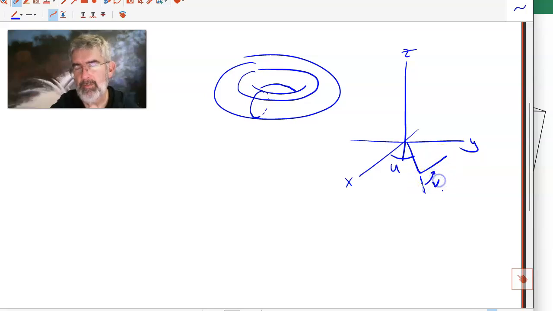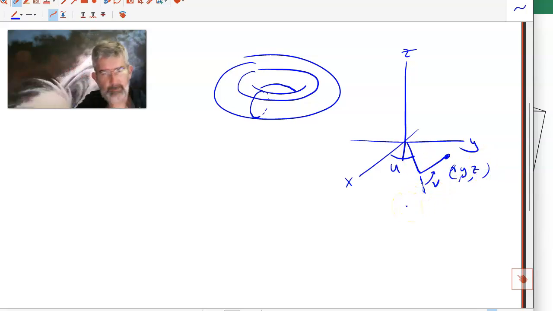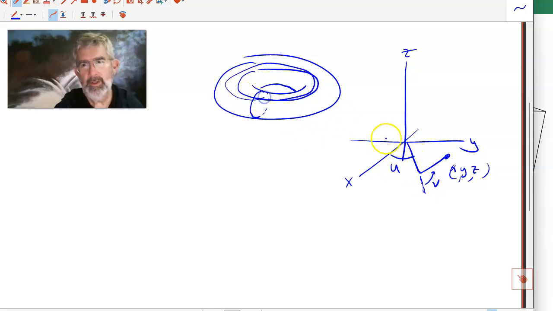This will be an angle I'll call v. And so this point right here, I've got to be able to describe the x, y, and z components in terms of those two variables. As I think you can see here, keeping v constant and letting u vary is going to create one of these kinds of circles. But keeping u constant and letting v vary is going to create one of these kinds of circles.